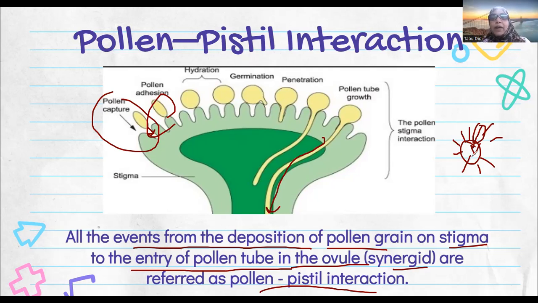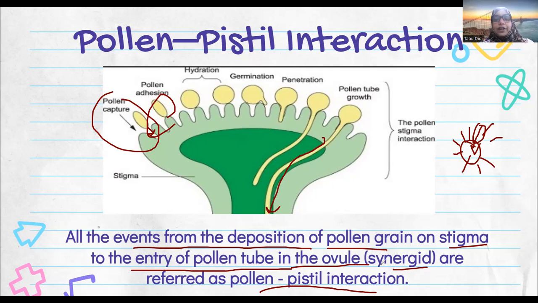But you have many sperms, all interacting with the membrane, trying to break open the membrane and go inside the egg. So similarly, the pollen tube will be formed and it will interact with the stigma and the style and further down the ovary to fertilize the egg of the gynoecium of the flower. So this whole event is known as pollen and pistil interaction.